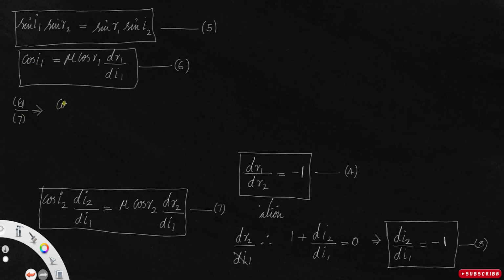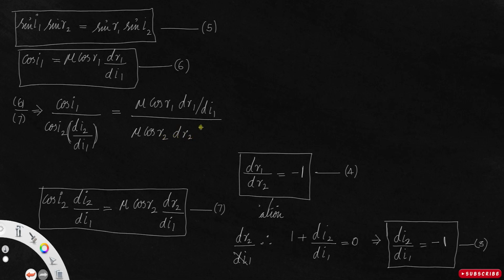So it will be cos I1 by cos I2 into di2 by di1, equal to, on the right hand side, mu cos R1 dr1 by di1 divided by mu cos R2 into dr2 by di1.